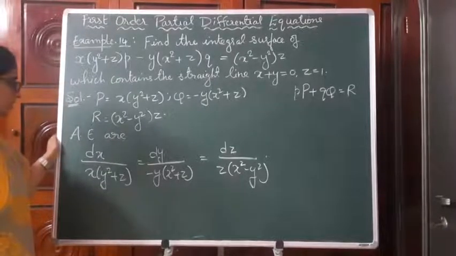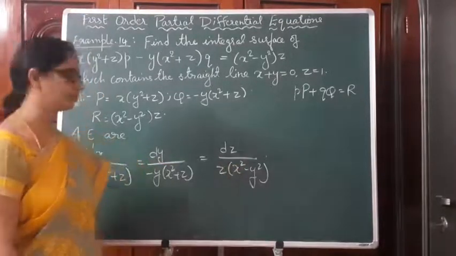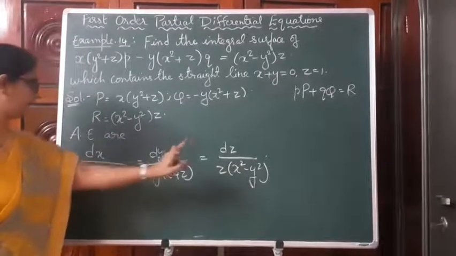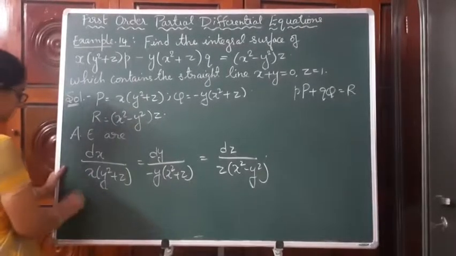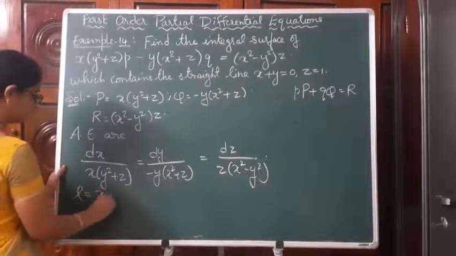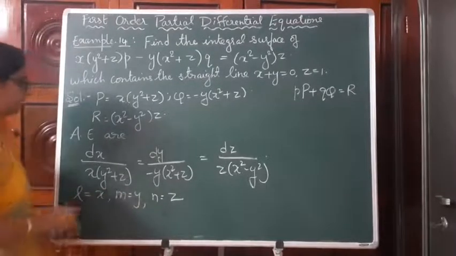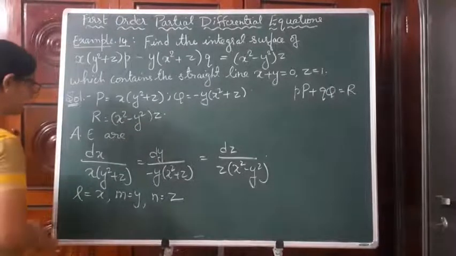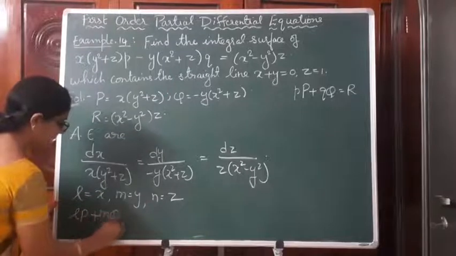So check what set of multipliers we can take so that L into P plus M into Q plus N into R becomes 0. So we may go for x, y and z, because if we take L is equal to x, M is equal to y and N is equal to z, let us see what happens to LP plus MQ plus NR.